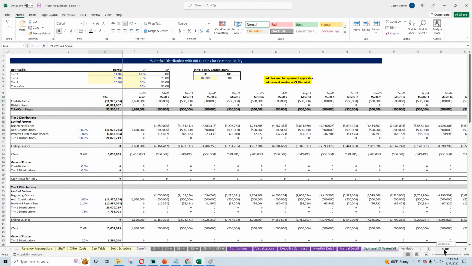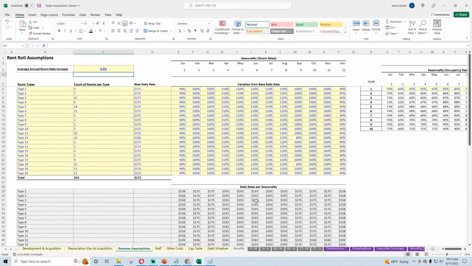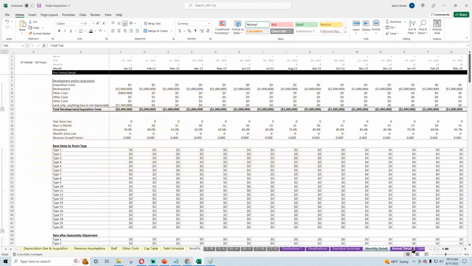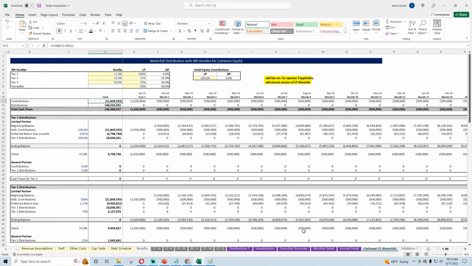Yes, let me just actually adjust the assumption so that we don't have such negative cash flows in the future, because it's not likely that that would be the case. Let's just raise the rate to 250 base, and that should do it.